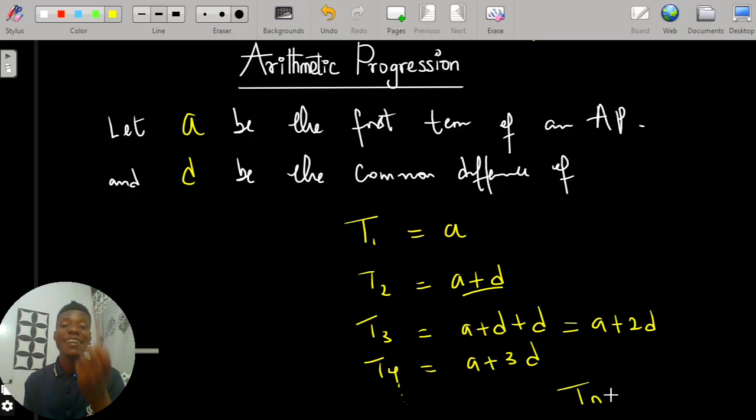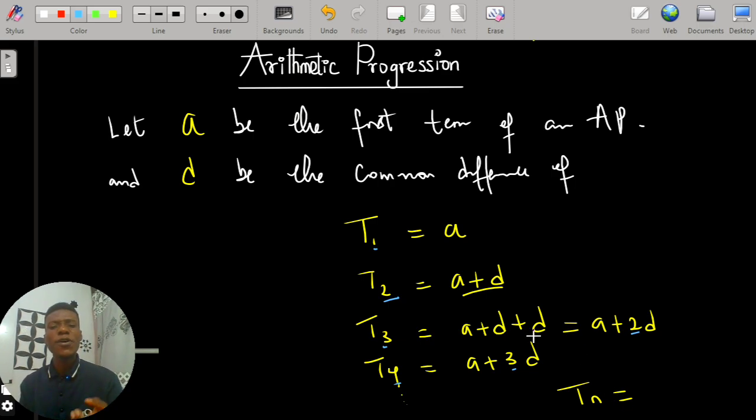That is, in general, Tn. And Tn will follow the same pattern. Let's look at the pattern in which they follow. When we are dealing with T1, we discovered that the coefficient of D here is 0. When we were talking about T2, the coefficient of D increased by 1, which is 1. T3 gives us the coefficient of D to be 2. And T4 gives us the coefficient of D to be 3.